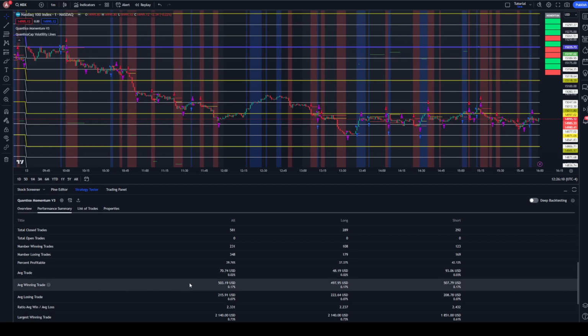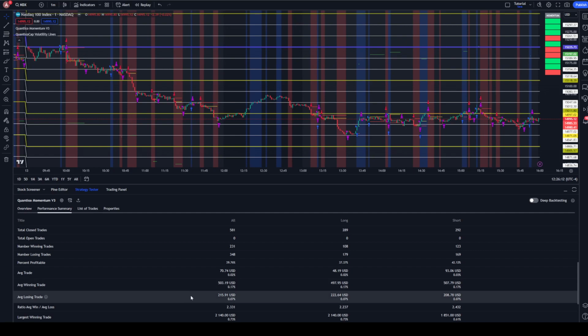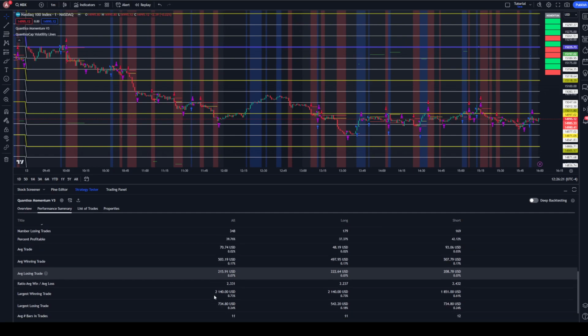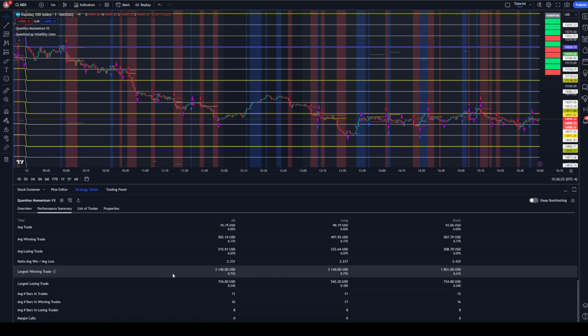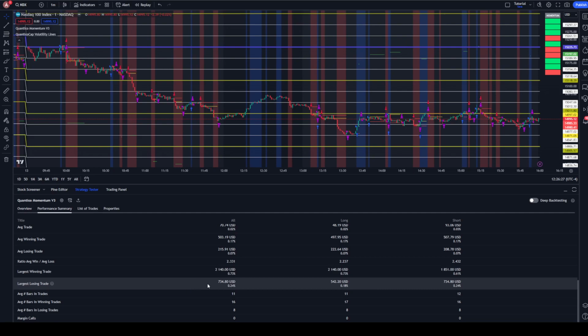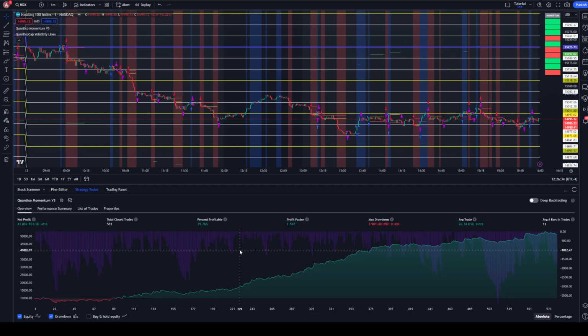The average winning trade was 503 and the average losing trade was 215. Notice how there are fewer winning trades, but when it does win, it's almost double the losing. On top of that, you can also see your largest winning trade, which was 2,140, and your largest losing trade, which was only 730.